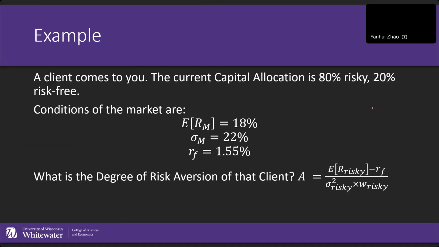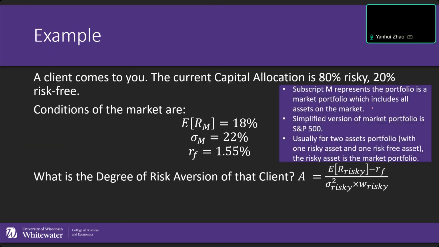A client comes to you, the current capital allocation is 80% in risky and 20% in risk-free, and the condition of the market is given. I just want to let you know, this M here represents the market portfolio, which includes all assets on the market. Usually we use the S&P 500 to represent the market portfolio.